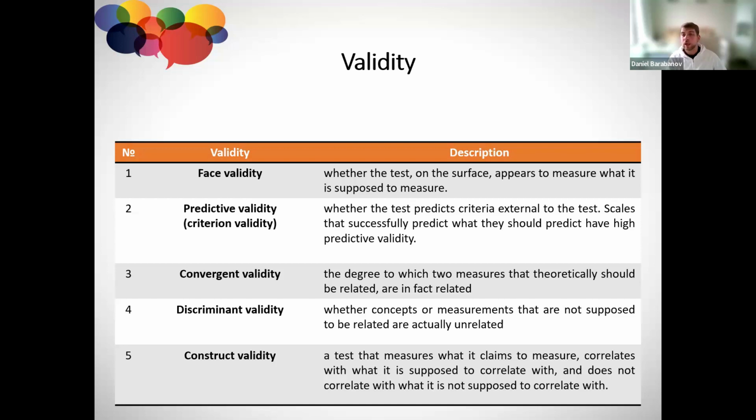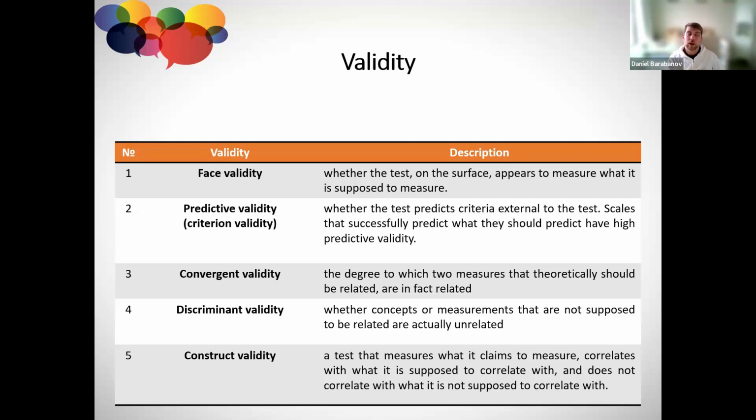If you create a new test on, for example, extroversion, you can give it to your participants together with another test which measures the second trait, which is highly correlated with extroversion.